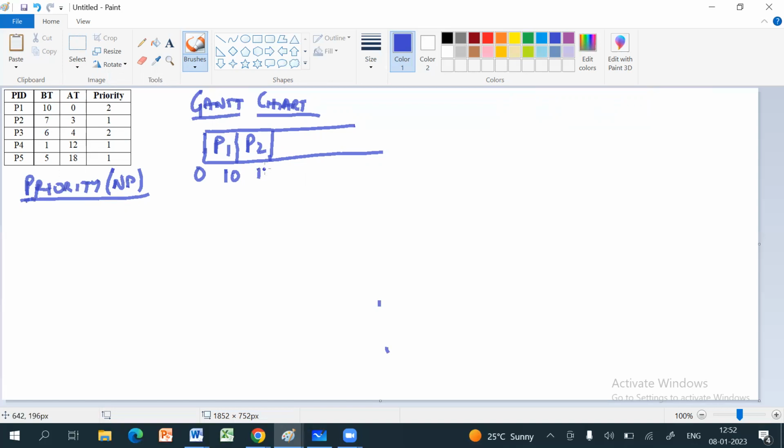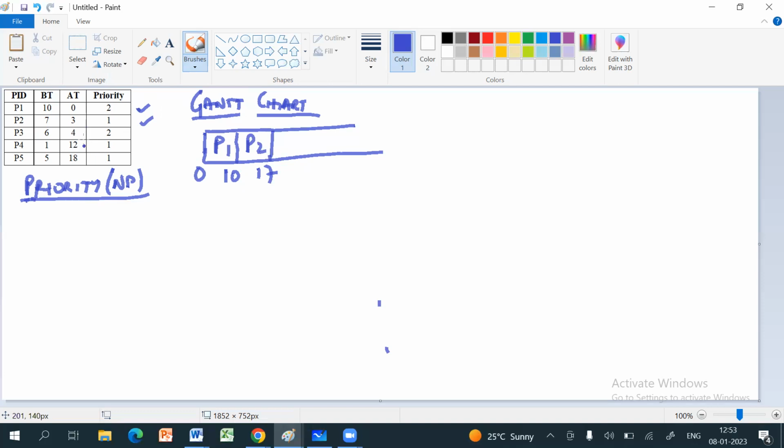So 10 plus 7 comes up to 17, and 17 is the current time. What we have completed so far is P1 and P2. In the meantime, P4 has an arrival time of 12, which is less than 17, so P4 has also arrived into the queue.